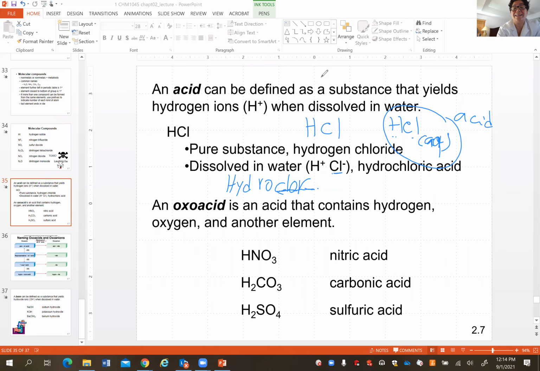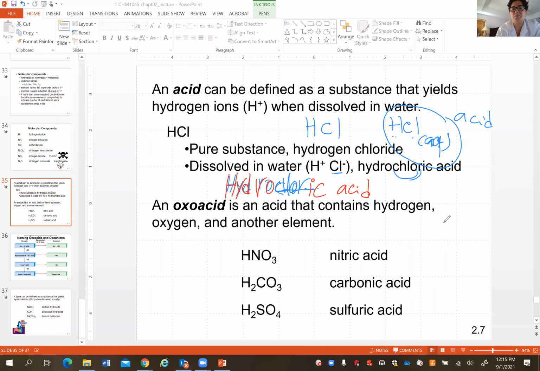And then you add ic acid. So this is part of the name: hydrochloric acid. Sorry for the spelling. Chlor, like this. Hydrochloric acid. So hydro and ic acid is part of the name for a binary acid.